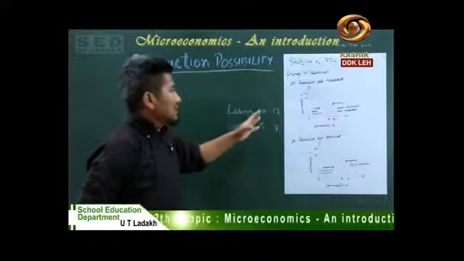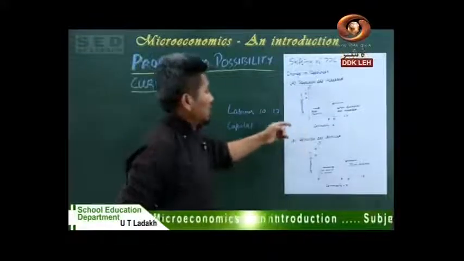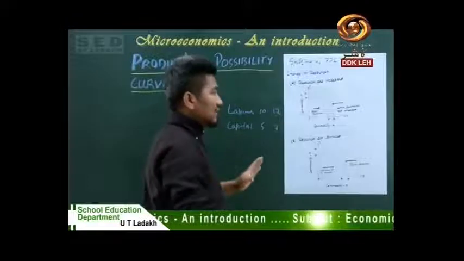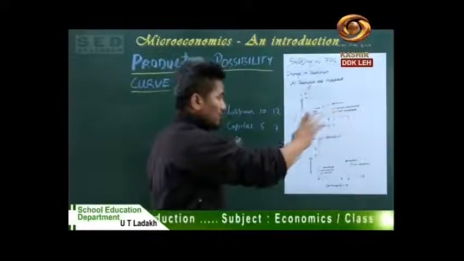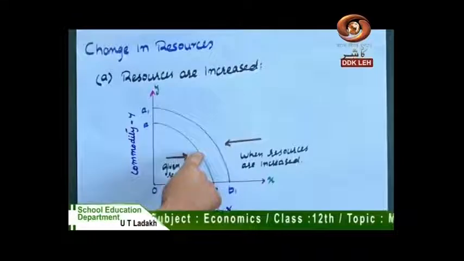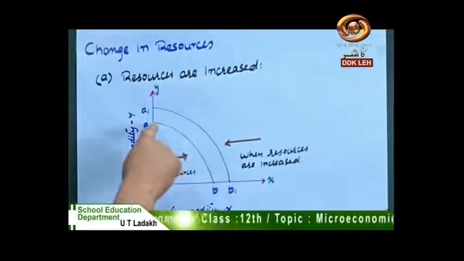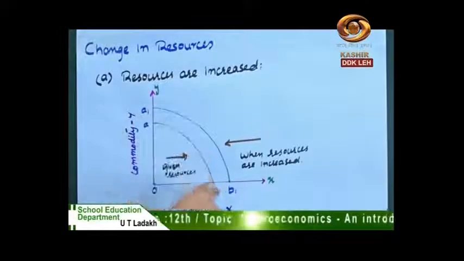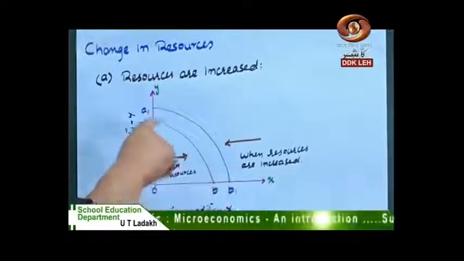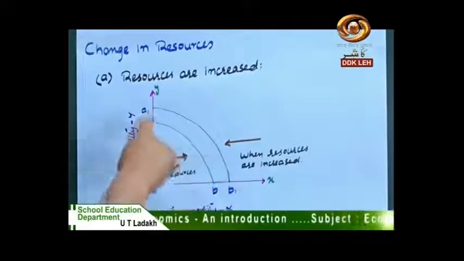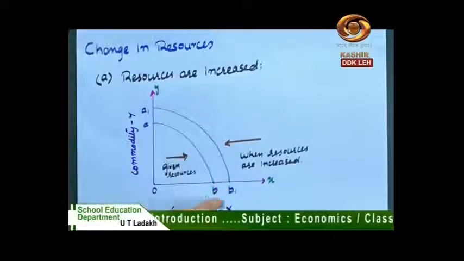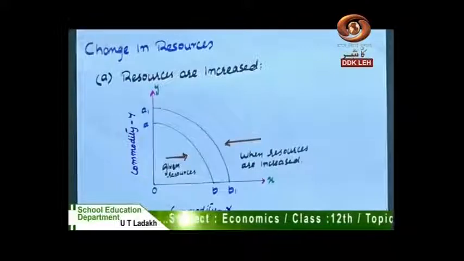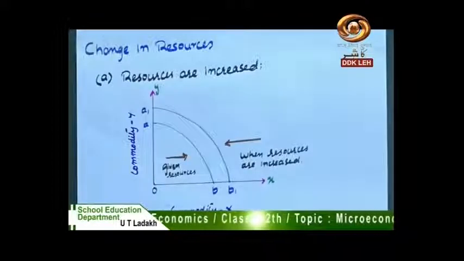Now due to increase in these resources, the production possibility curve shifts rightward from A to A1 and from B to B1. So A1 B1 is the new production possibility curve which is obtained after increasing the resources.